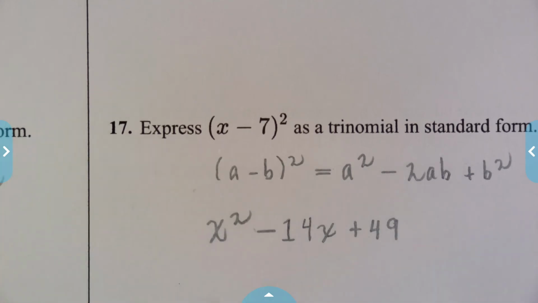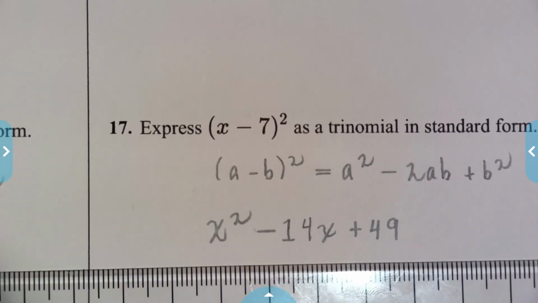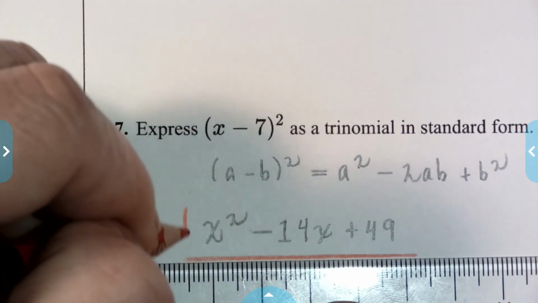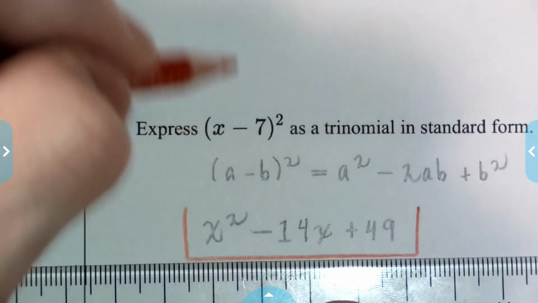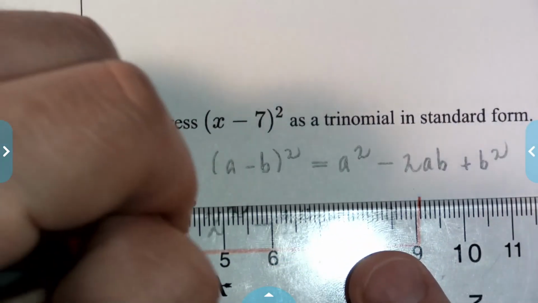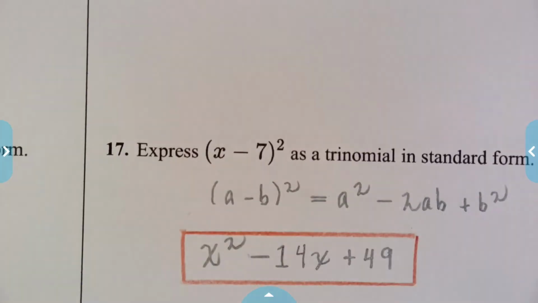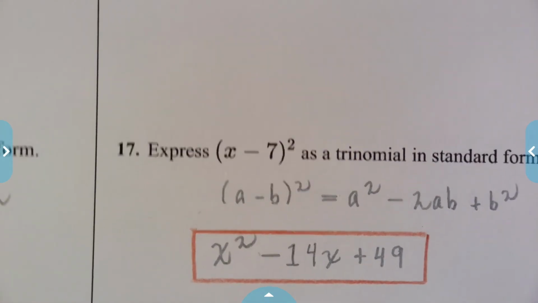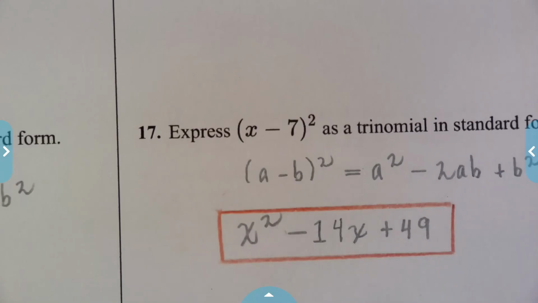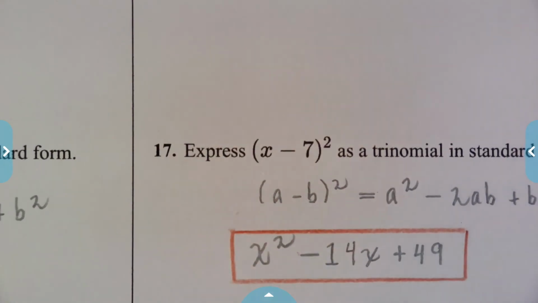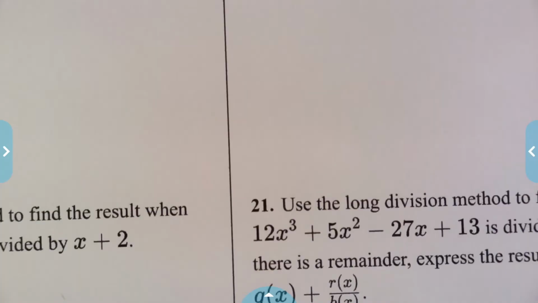What I meant to say was 2 times x times negative 7. So you end up with the negative 14x. Okay. All right, so that is number 17, and we are moving on to the final page.